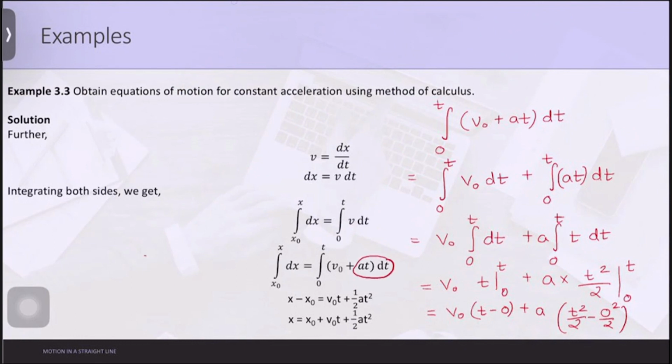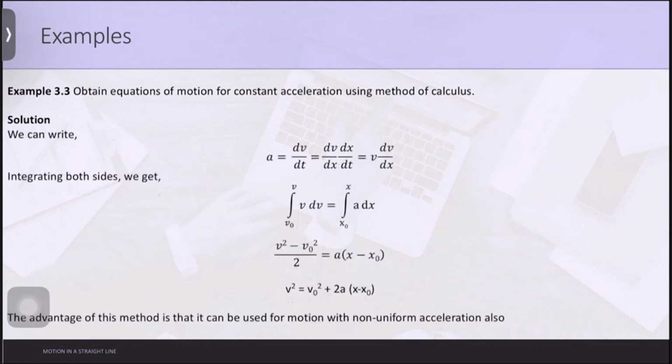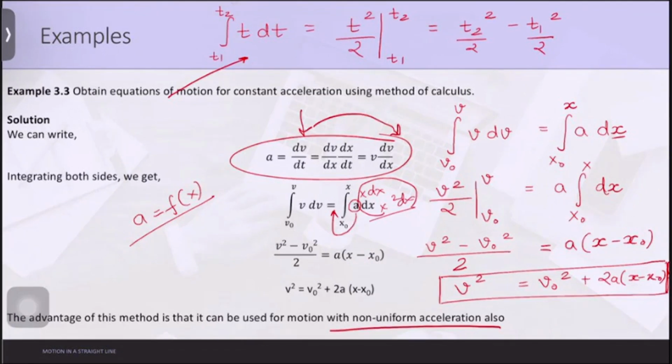If a would have been a function of t, then we would not have taken a outside the integral. We would have kept it inside, changed it into this function, and then used some of the rules of integration. So that is one of the advantages of using the method of calculus here.